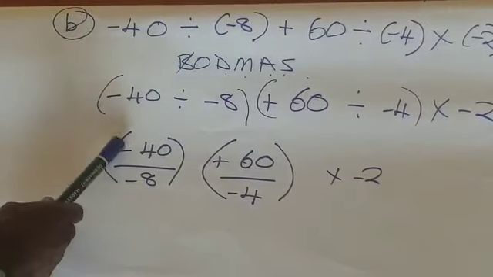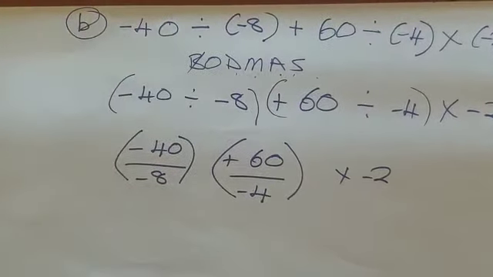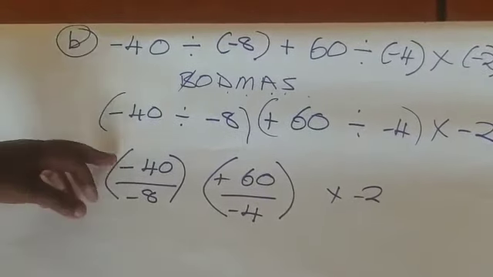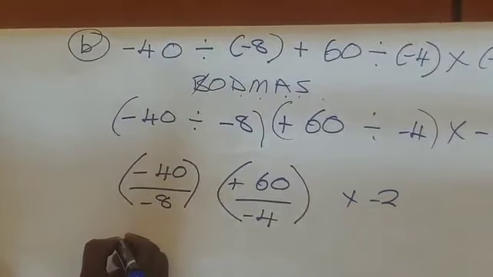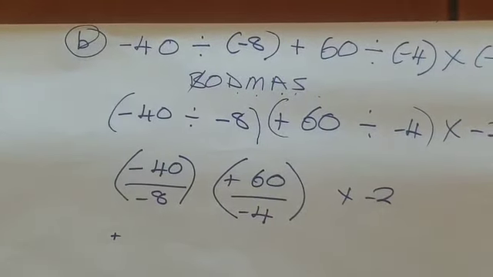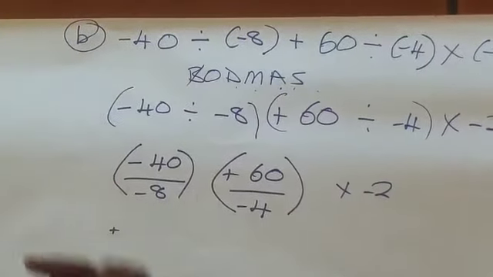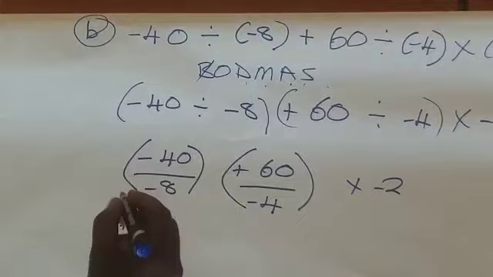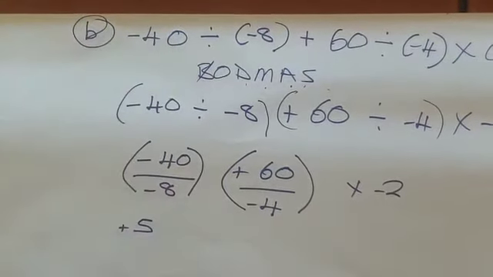So when you look at these two numbers, we have negative 40 divided by negative 8. Of course, you know that negative divided by negative, the answer is positive. So we are going to have a positive sign there. Then you divide 8 into 40, and we are going to have 5, meaning we are done with the first part.